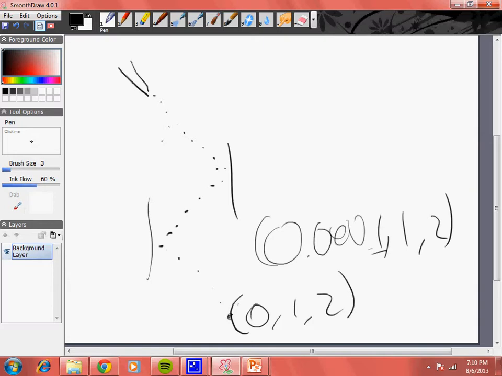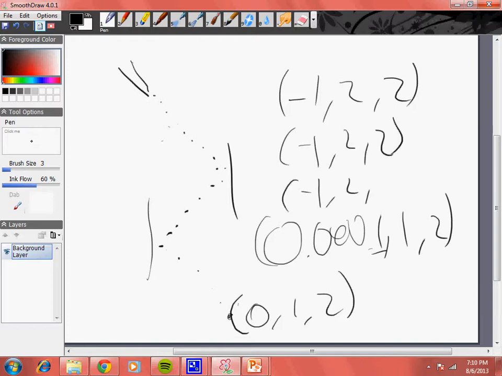But if you are precise, meaning this is your theoretical value, and you do a trial and end up with, let's say, -1, 2, and 2, and then you do trial number 2 and you get -1, 2, and 2, and then -1, 2, and 2 again, then you have precise solutions.